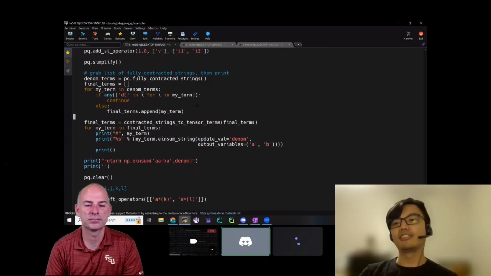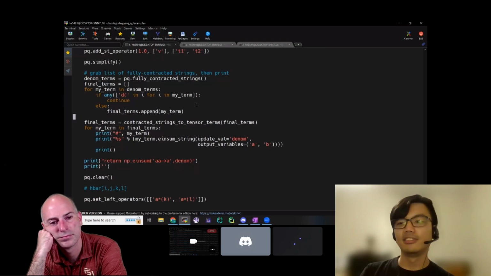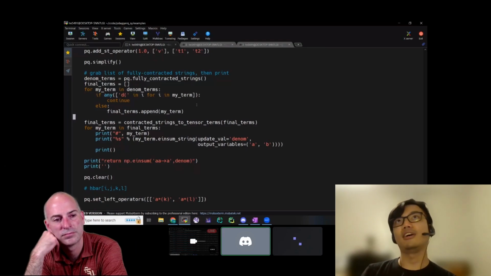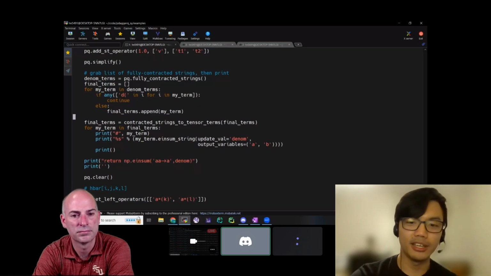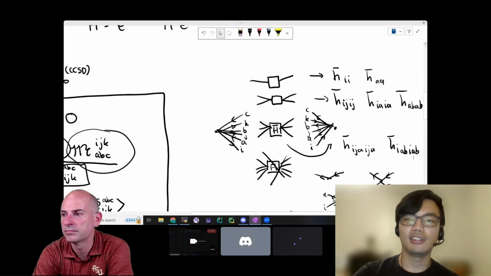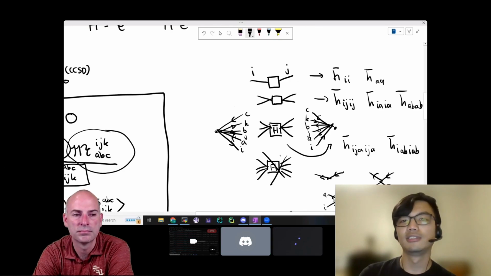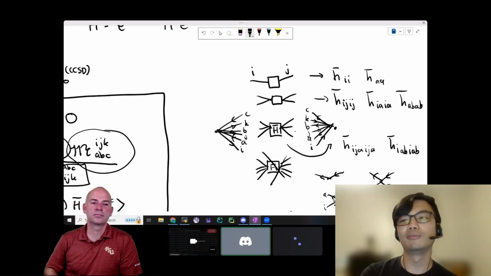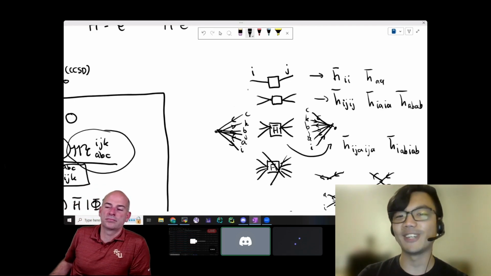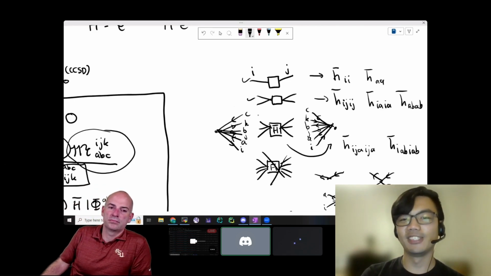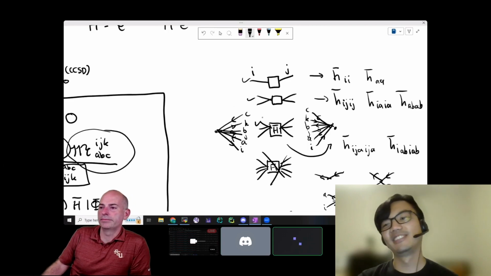Then I will just store everything. But the way I'm doing it is I just want to know that element. I will code the entire denominator manually after I obtain each of these expressions. Okay. Yeah.